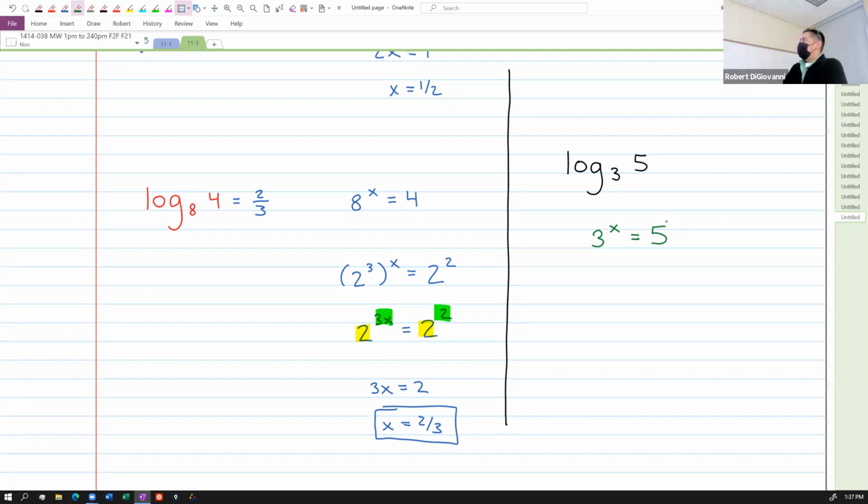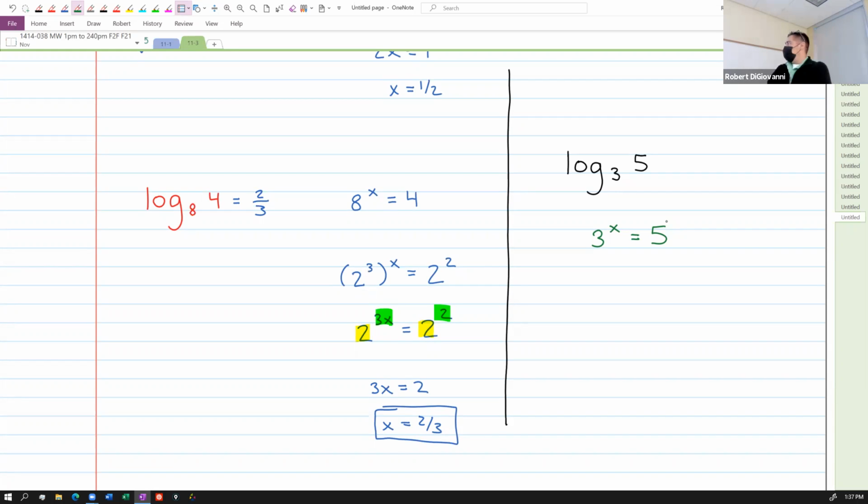Now, 3 and 5 don't have the same base. You can't do what we just did in the previous problem, right? The 8 and the 4 both were powers of 2. 3 and 5 are both not powers of 2, are they? Or powers of anything.